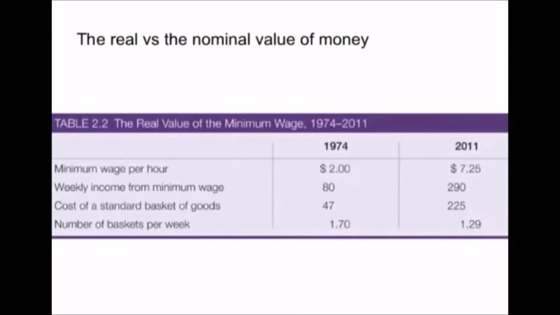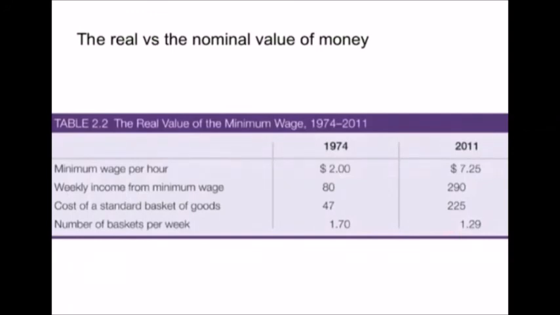So even though the nominal minimum wage was lower in 1974 than it was in 2011, 40 hours' worth of work earning that nominal wage could earn you 1.7 baskets of goods in 1974 and only 1.29 baskets of goods in 2011. So the real value of the minimum wage was higher in 1974 than it was in 2011.